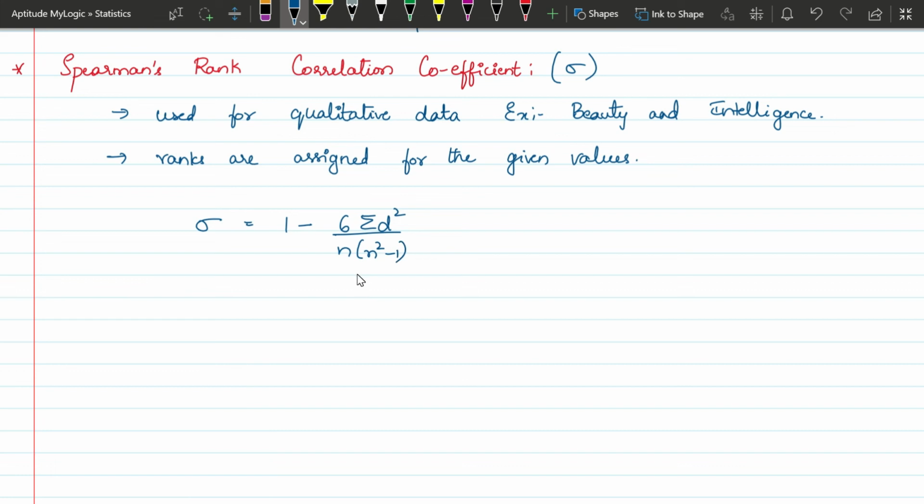So this is the formula for Spearman's rank correlation coefficient. And if the scores have a tie, if some values are common and a common rank is shared among them, then we have an alteration of this formula, which can be explained with the help of a problem itself.